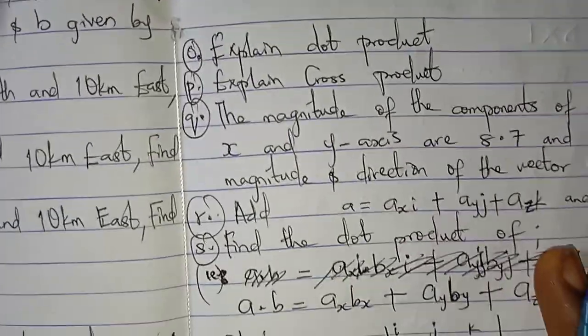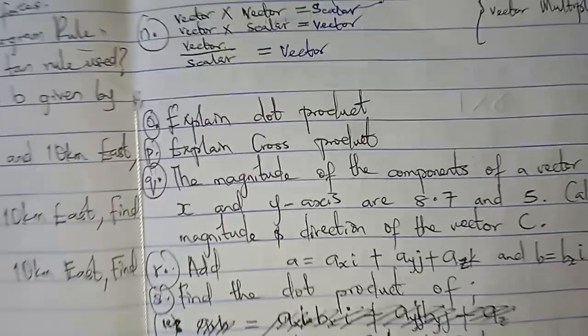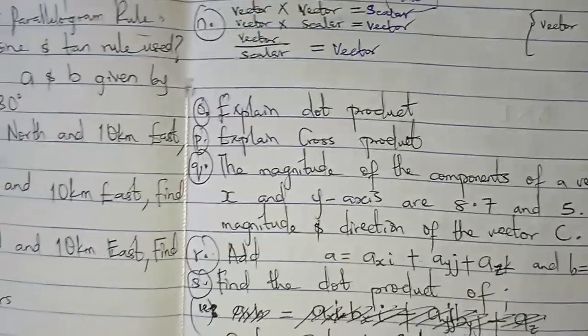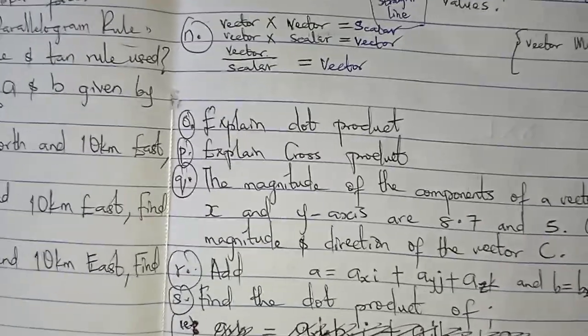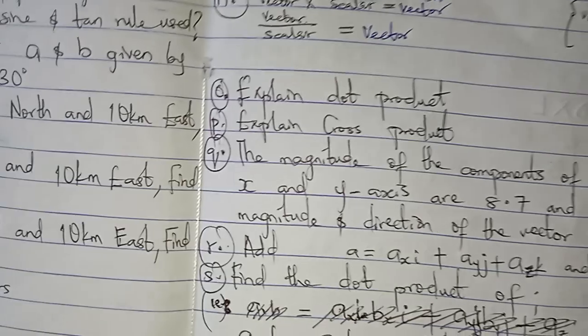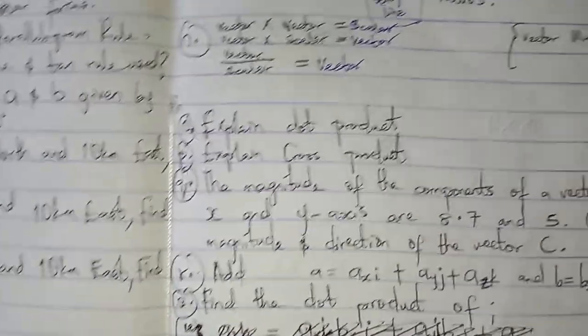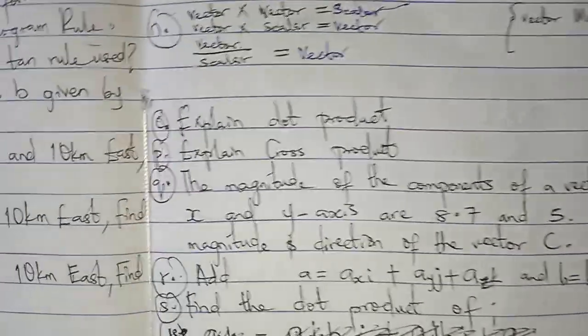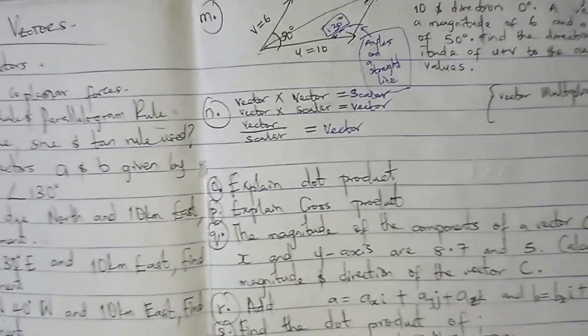Let's move to dot product and vector cross product. So they said explain dot products and cross products.